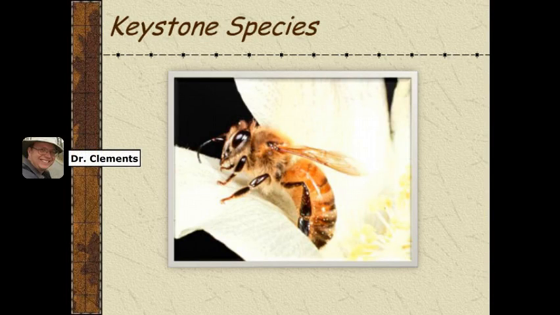The first type of species that I would like to introduce you to is a type of species that we call a keystone species. Now, in order to understand what's going on with a keystone species, you kind of have to know what a keystone is. And this comes from architectural engineering.